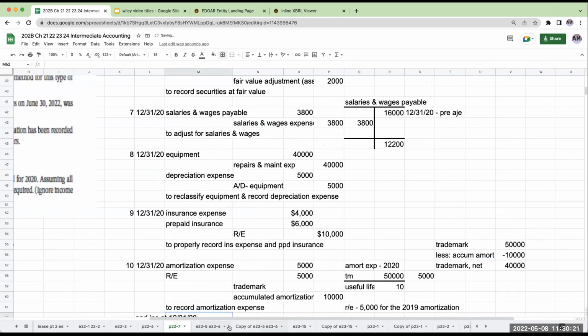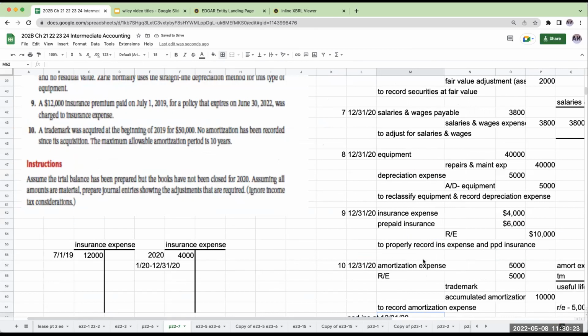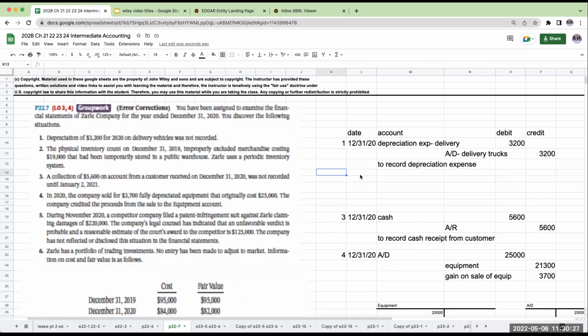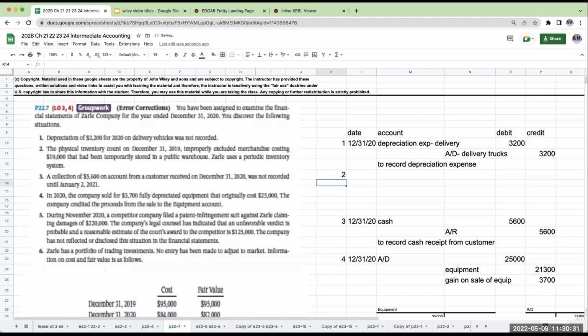Okay. So going back over here to our first one, or number 2, this has kind of stumped me at first. So let's read this through together. This is going to be at 12/31/20. The physical inventory count on December 31st, 2019 improperly excluded merchandise costing 19,000 that had been temporarily stored in a public warehouse. Zarl uses a periodic system.